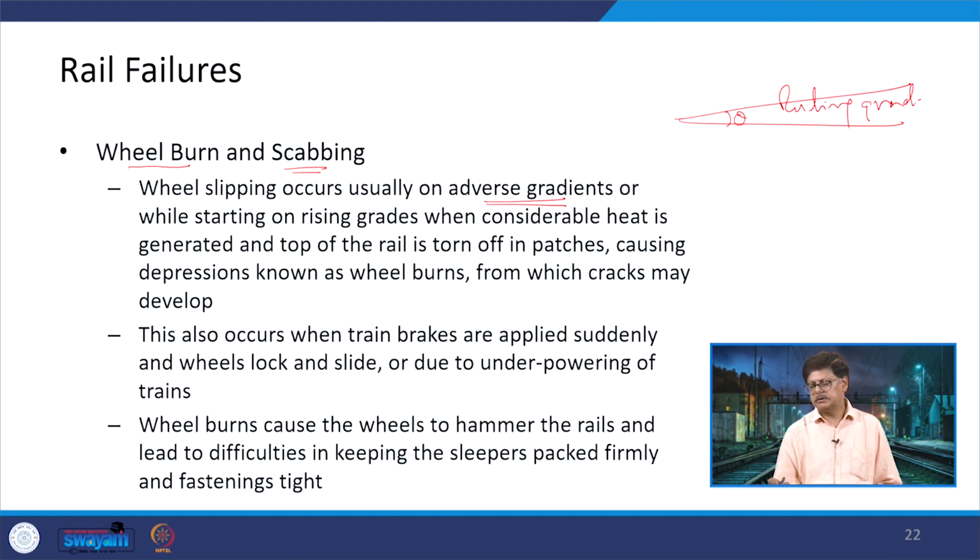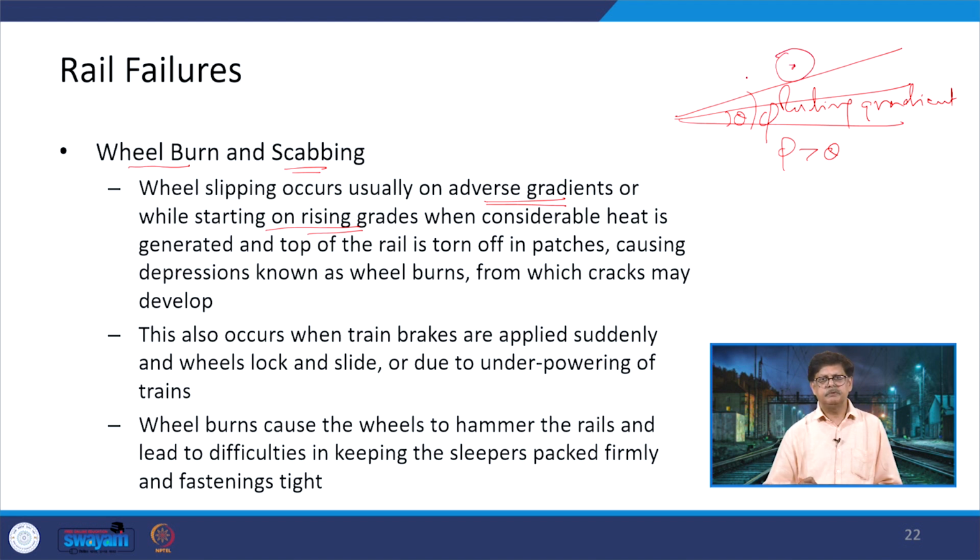When we take up the geometrics, then we will be talking about this, but say if it is being provided at a level which is higher, at an angle of phi, where phi is greater than theta, then those gradients are steeper and there are issues in terms of the movement of the trains and the pressure which is being exerted by the wheels on the rails. So, in this case usually on the adverse gradients or while starting on rising gradients, the train has stopped.